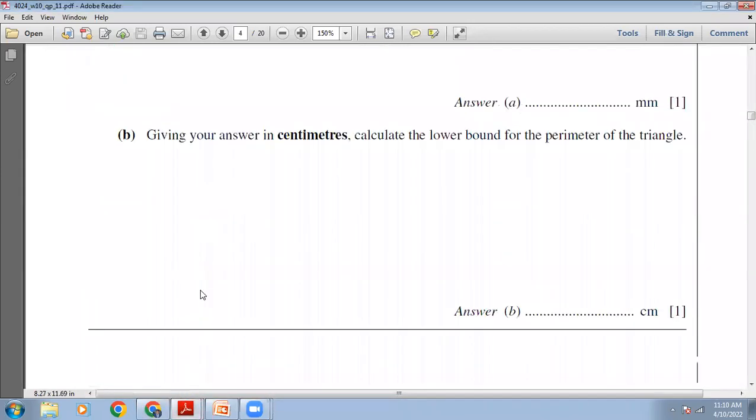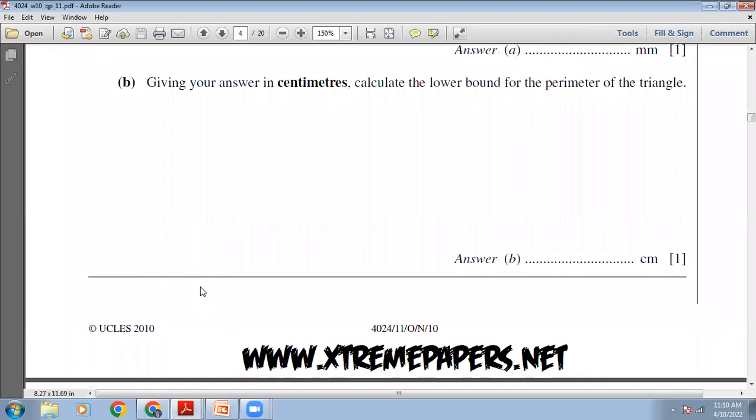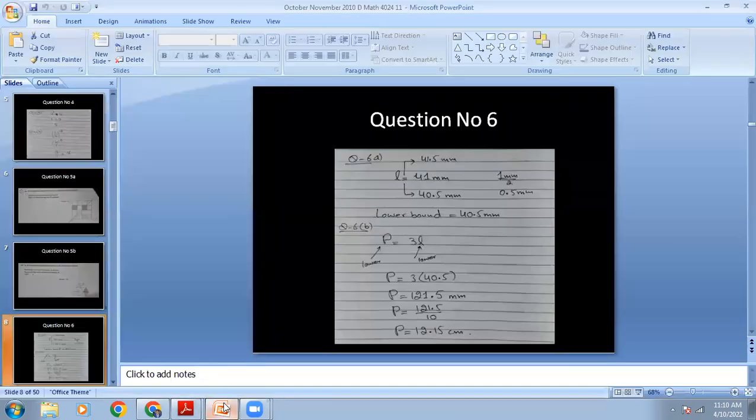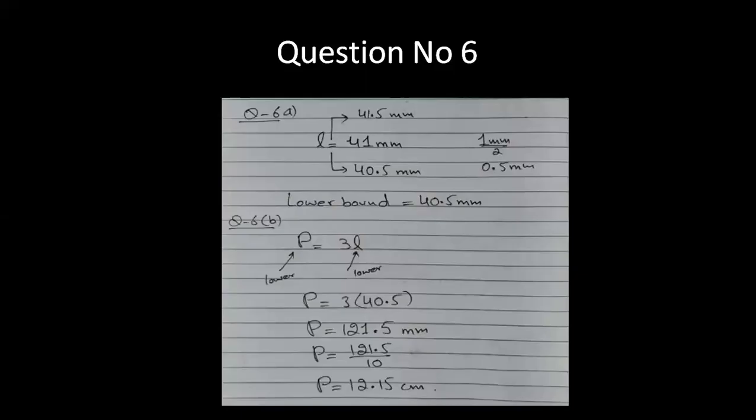The next question, he says, giving your answer in centimeters, calculate the lower bound for the perimeter of the triangle. Because it's an equilateral triangle, all the sides are equal, so the perimeter will be 3L. Because you want the lower answer, you should take the lower bound of the length.